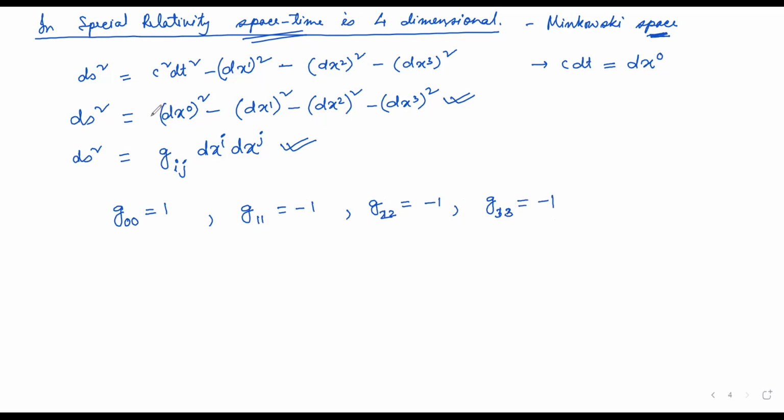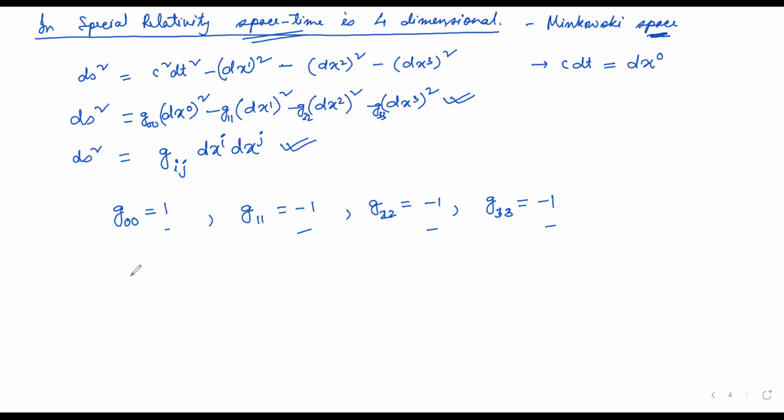The coefficient here is g00, here g11, here g22, and here g33. Since the coefficients are minus 1, minus 1, minus 1, we have minus 1 in these places, and the coefficient here is 1, so we have 1 there.